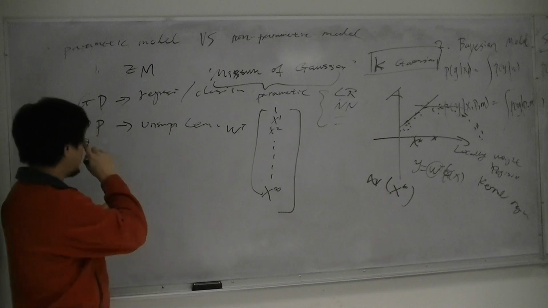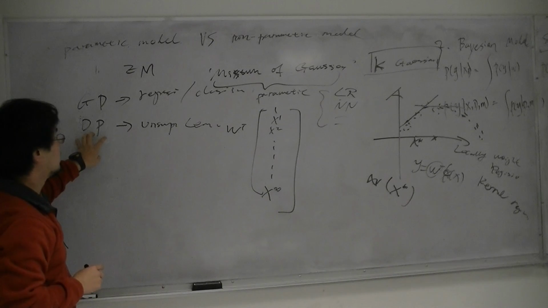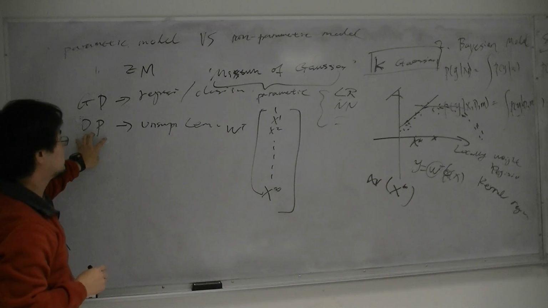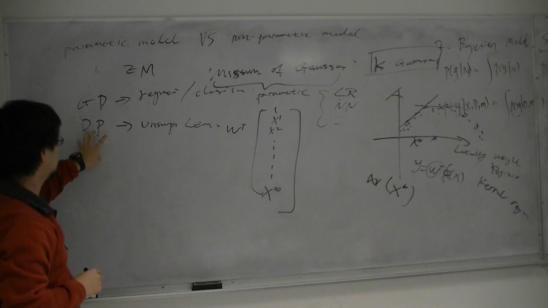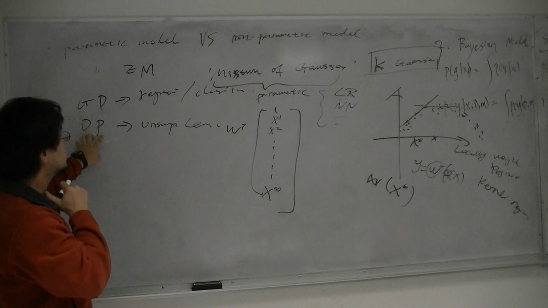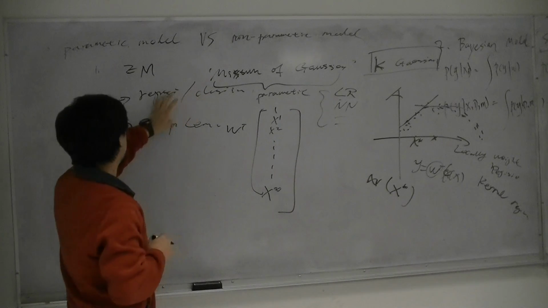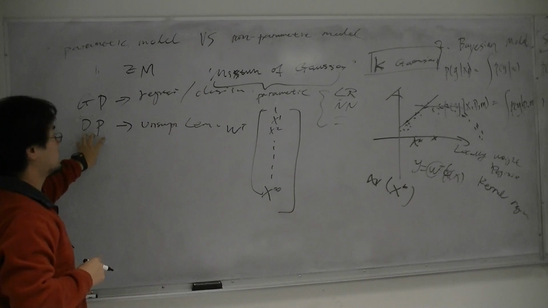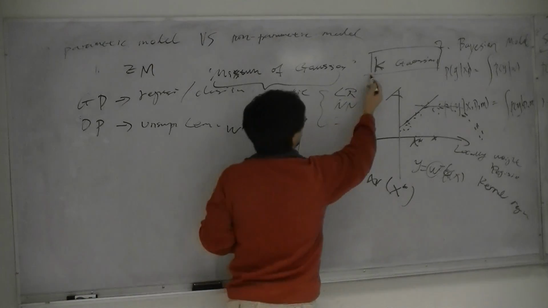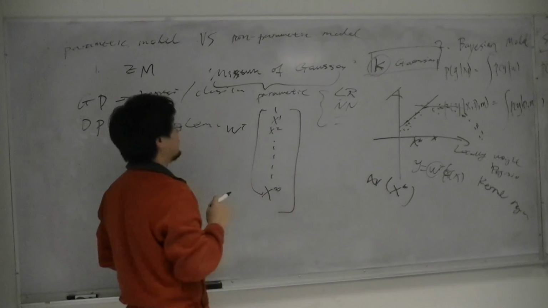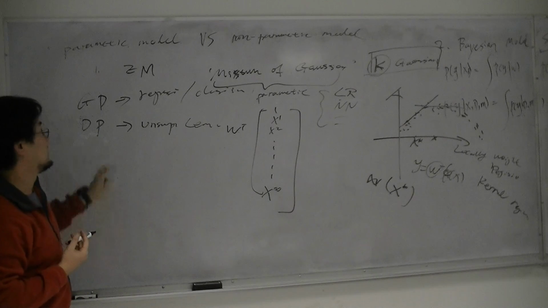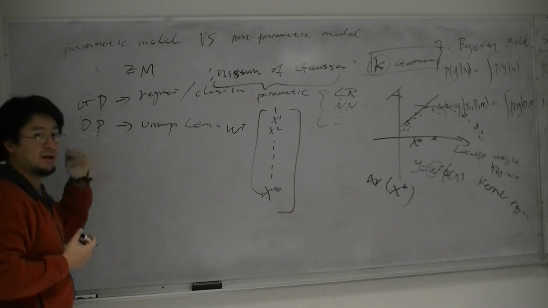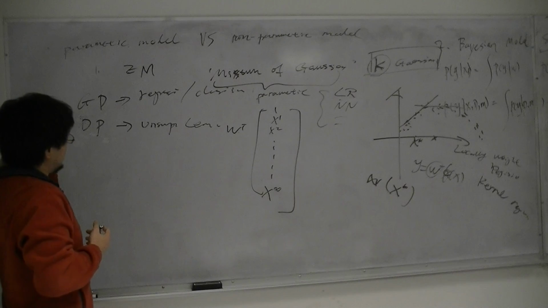For example, you have a mixture of Gaussians. You use the Dirichlet process to model the mixture of Gaussians. Because it's non-parametric, you don't have to specify the number of Gaussians beforehand. Somehow it can adjust the number of k according to the data, but I didn't really go into the detail.